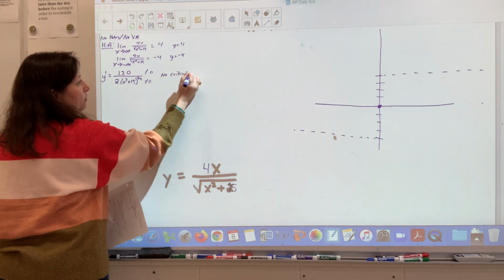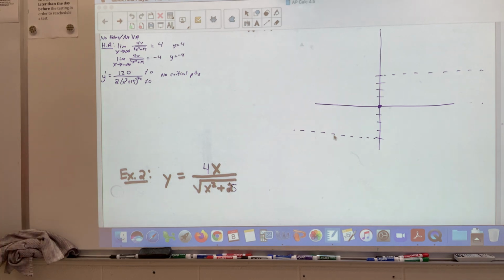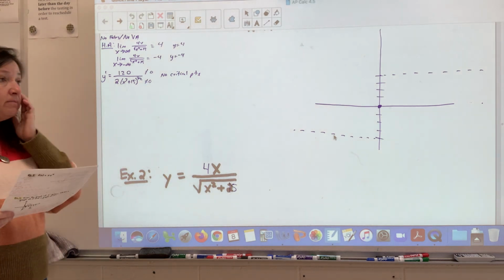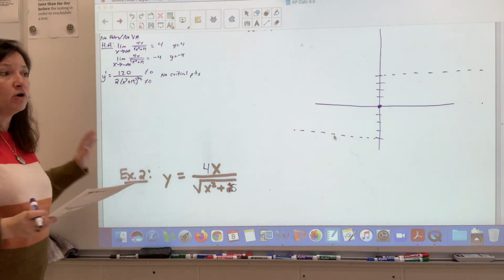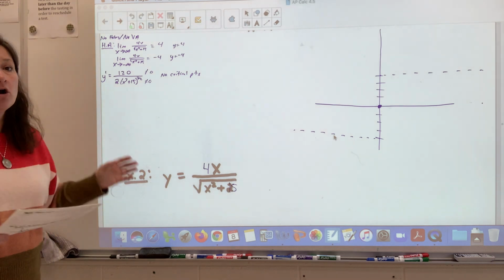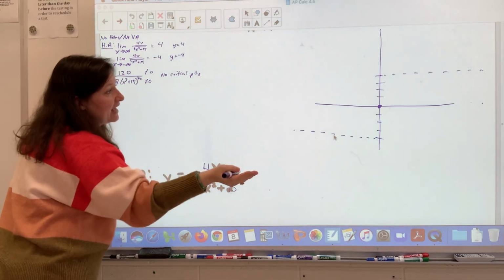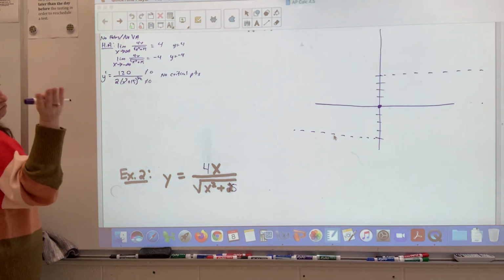However, this is very important. We can still tell something about the slope. There are no critical points, which means this is going to be a strictly monotonic curve. It's either going to be increasing the whole time or decreasing the whole time. We just have to pick any x value we want and figure out what the slope will be. Pick an x. X is 1.